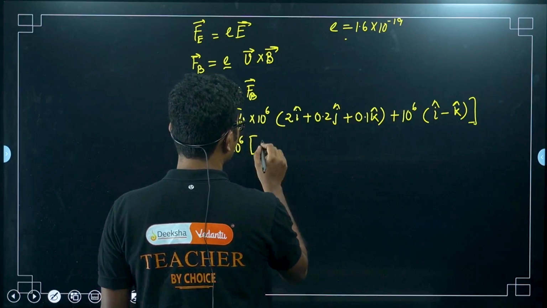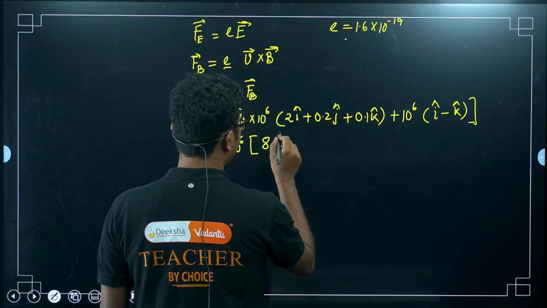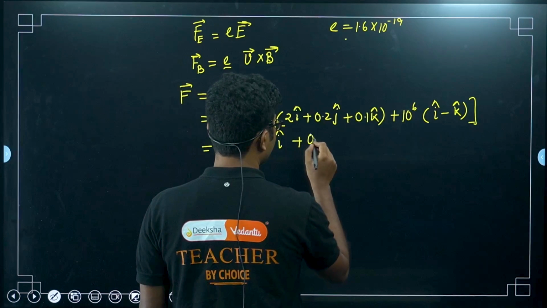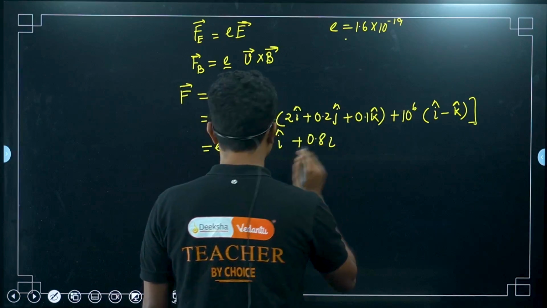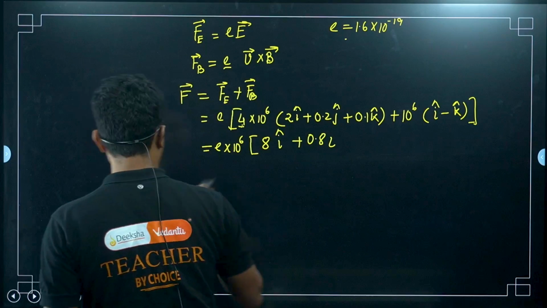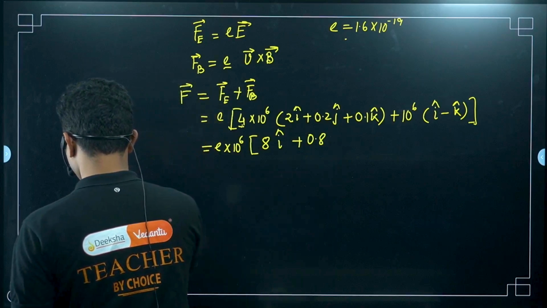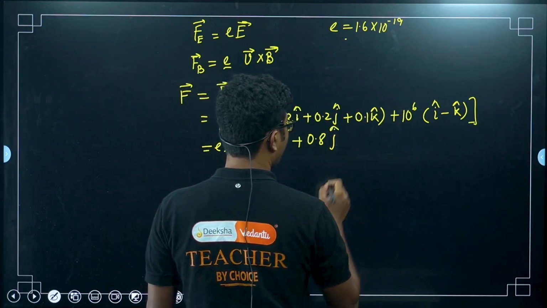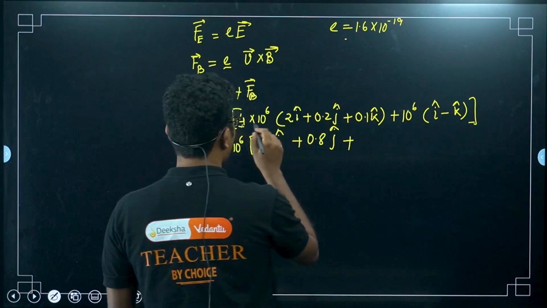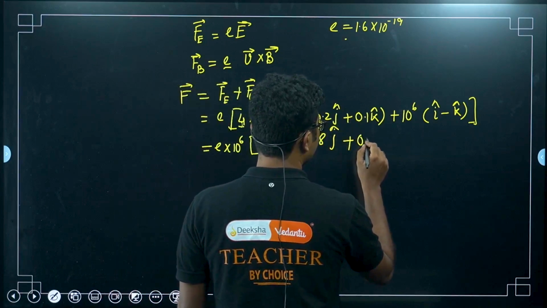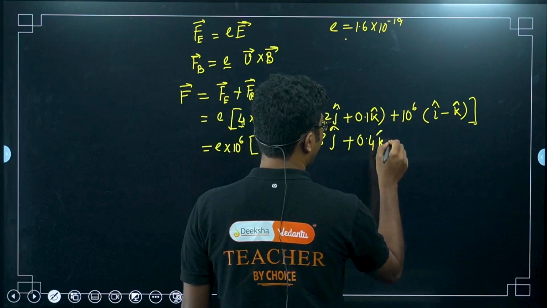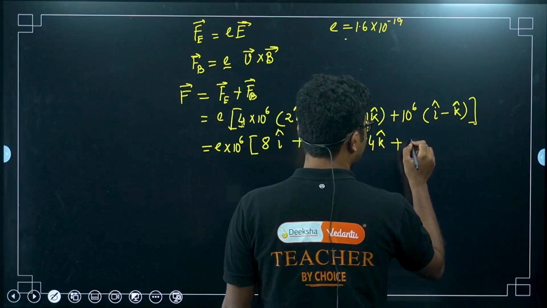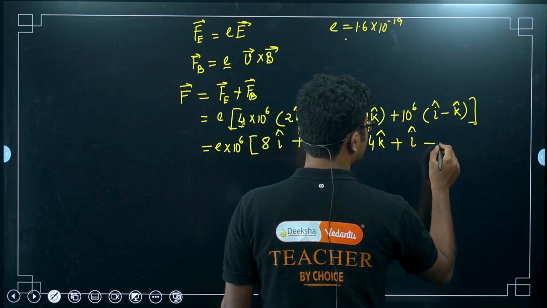So, 4 times 2, 8 I cap plus 4 times 0.2, 0.8 J cap, plus 4 times 0.1, 0.4 K cap, plus this 10 to the power 6 is common, 1 I cap minus 1 K cap.